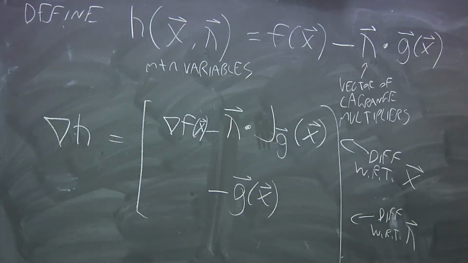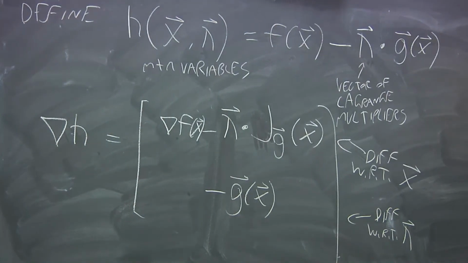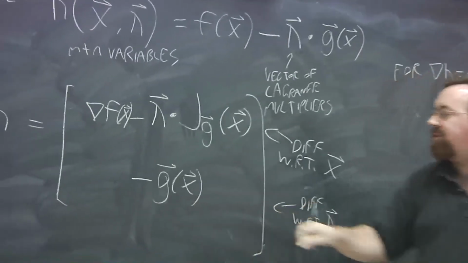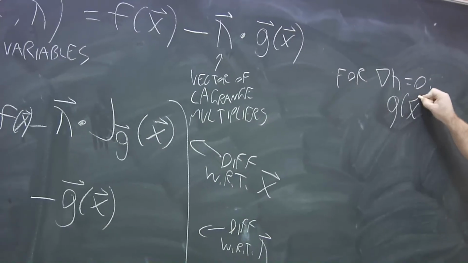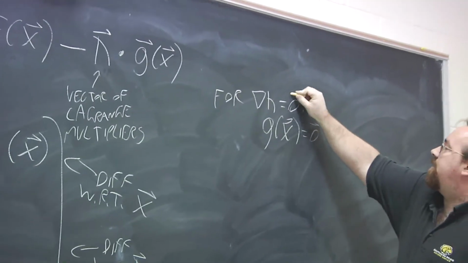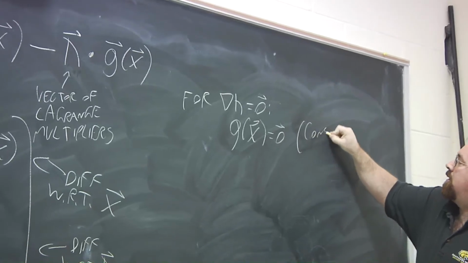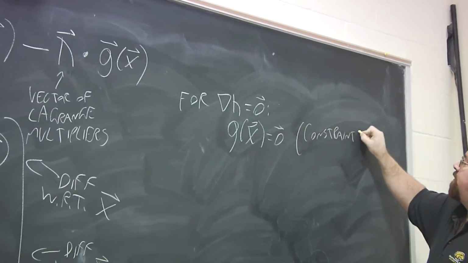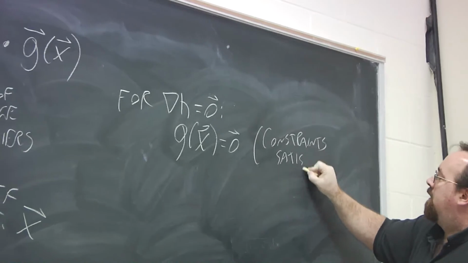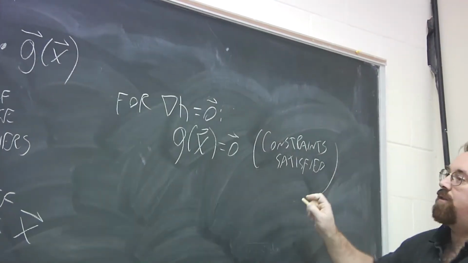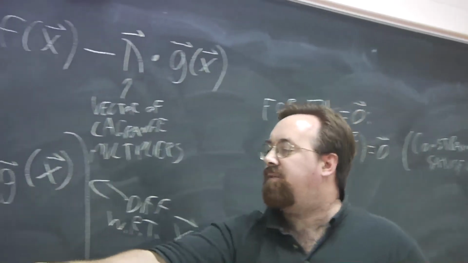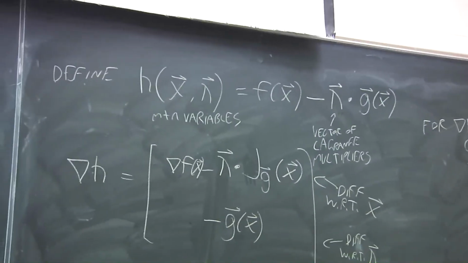So what does that mean? It means that this whole thing has to be 0. So g of x must be equal to the 0 vector. So we must have the constraint satisfied. This function is designed so that that needs to be the case.